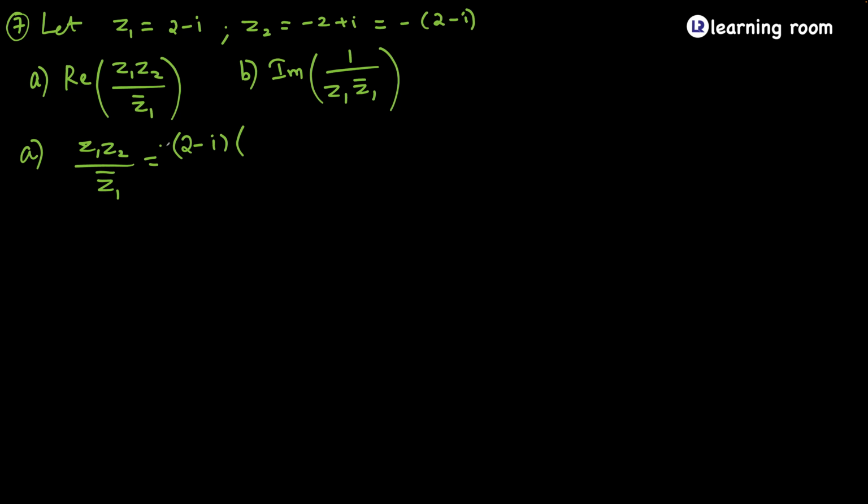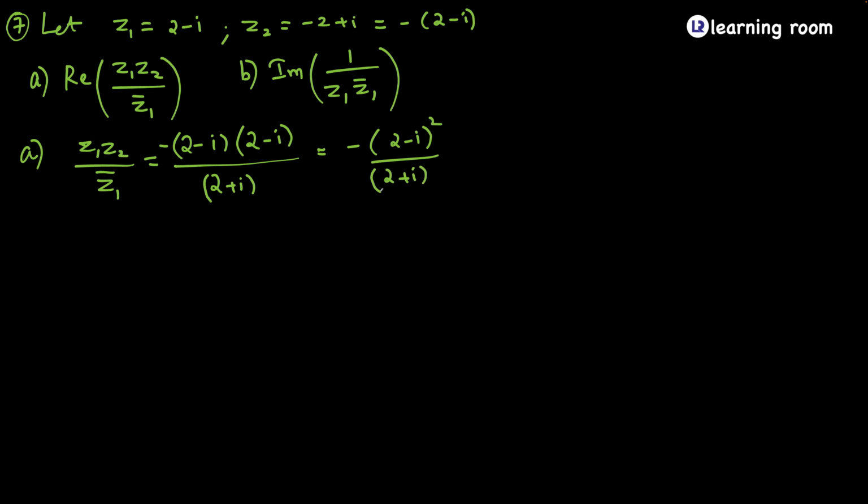So I'll write it as minus of 2 minus i divided by, what is Z1 conjugate? It is going to be 2 plus i. Am I clear with this? So basically, it is minus of 2 minus i the whole square divided by 2 plus i.